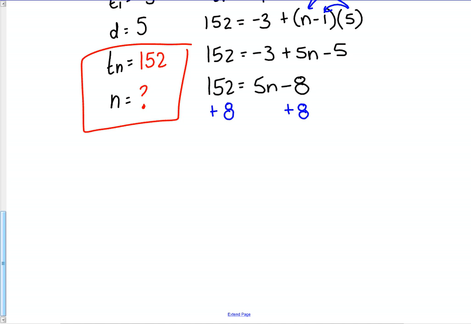Add 8 to the other side. We want to get n by itself, right? That's our goal. So to get n by itself, we have to take care of any addition or subtraction first. 160 equals 5n. Now what? Divide by 5. And that gives you 32.